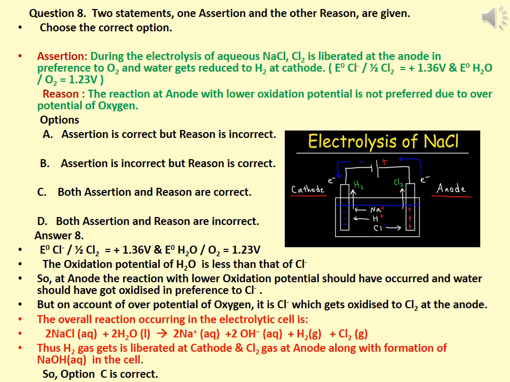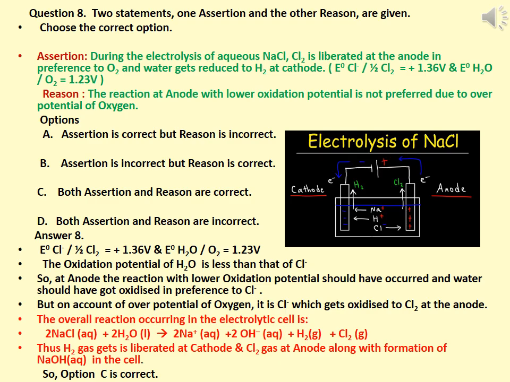The options are slightly different. A. Assertion is correct, but reason is incorrect. B. Assertion is incorrect, but reason is correct. C. Both assertion and reason are correct. D. Both assertion and reason are incorrect.